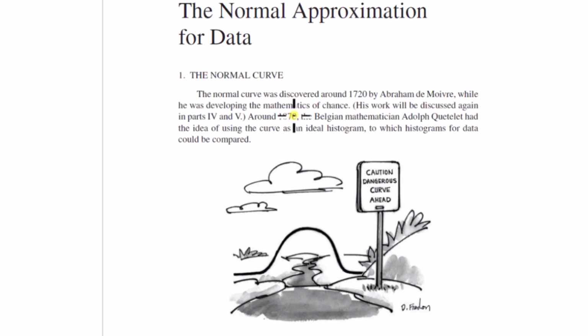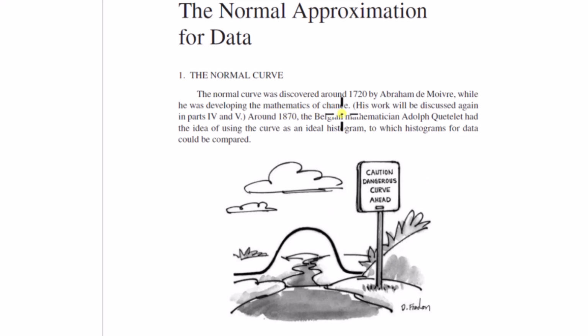Okay, so this normal curve, when it was invented, it wasn't looked at as an ideal histogram. What it started out as came from Abraham de Moivre. He was studying the mathematics of chance, right?